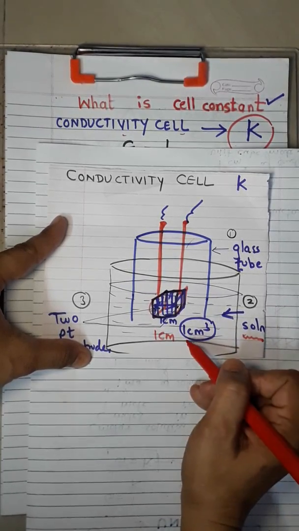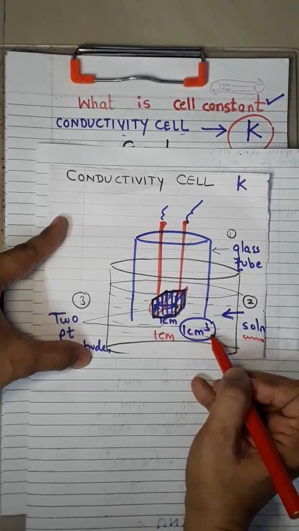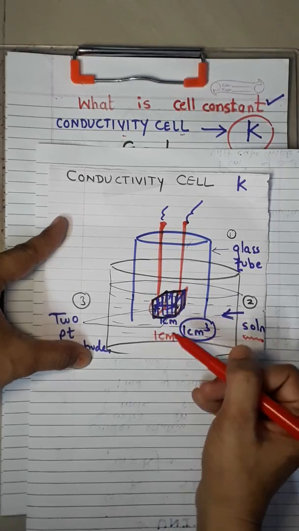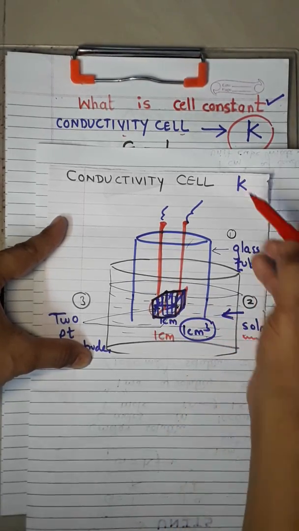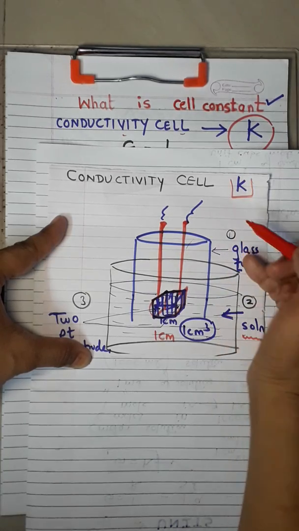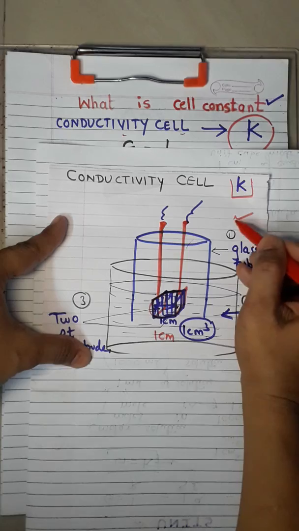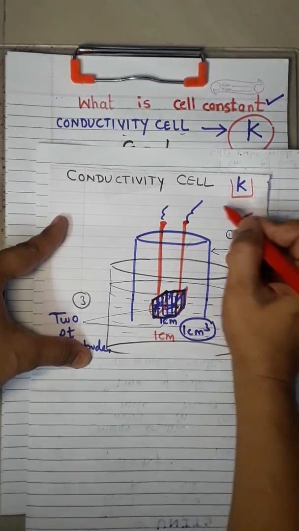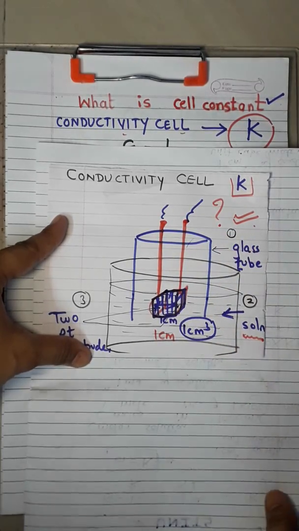So whatever is the conductance of this 1 centimeter cube solution, that is known as conductivity of the solution. Okay, so conductivity cell is used to calculate K, but we have some mathematical expression to calculate K. So this was the conductivity cell using which you can find out K, but how are we able to find out K? That I am explaining you now.